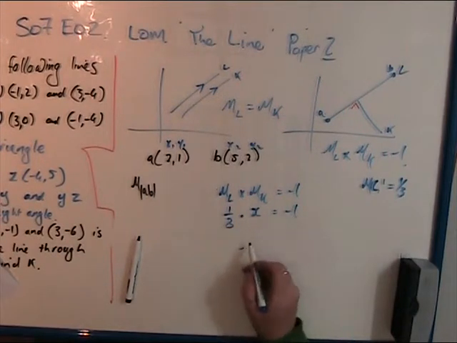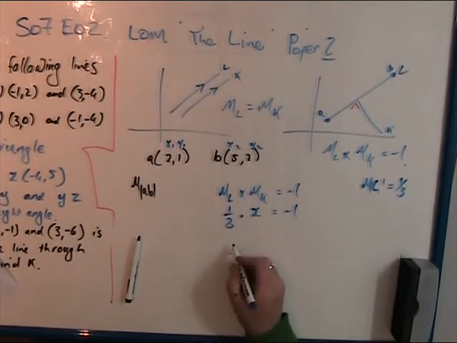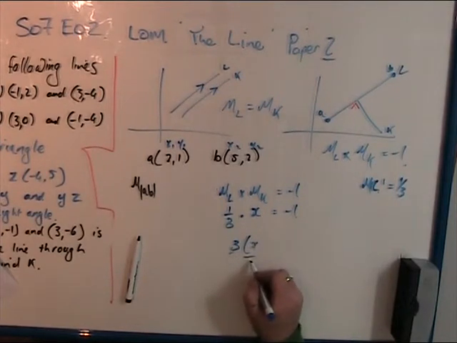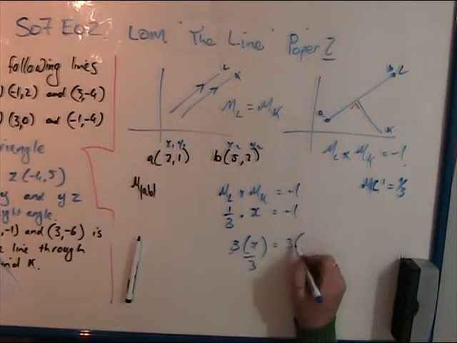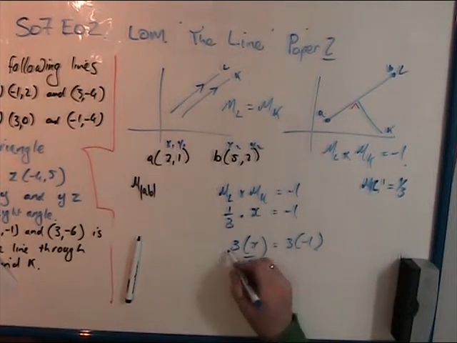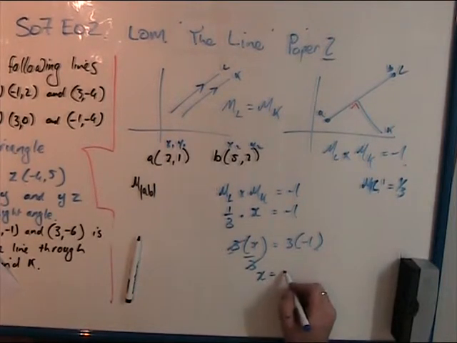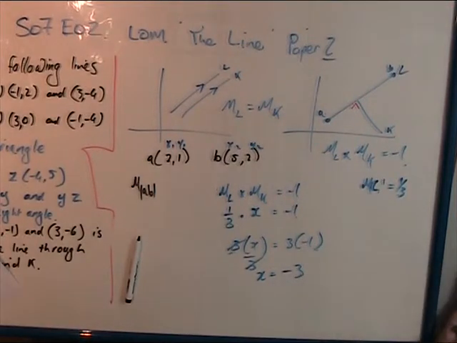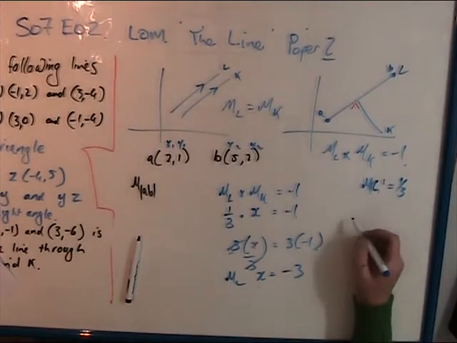I can multiply across by 3. So that becomes 3 times x over 3 is equal to 3 times minus 1. They cancel. x is equal to minus 3. In other words, m of k, excuse me, is equal to minus 3.